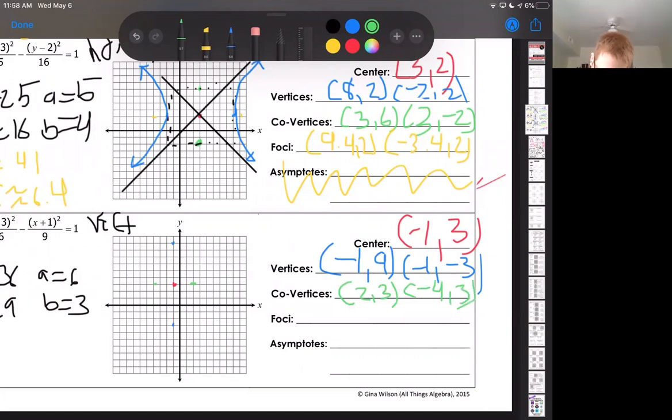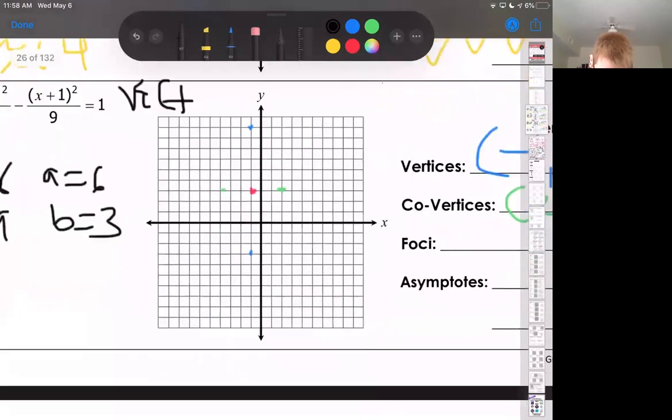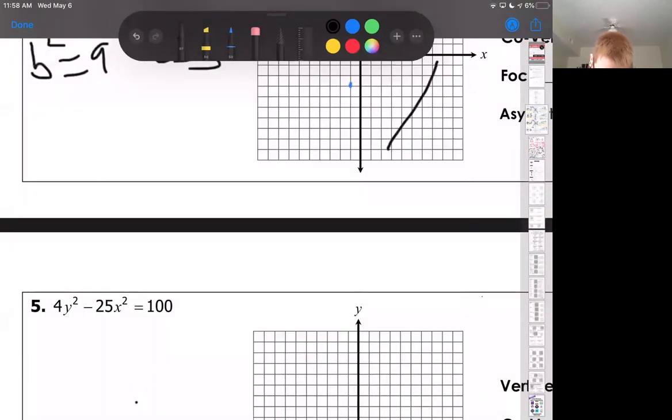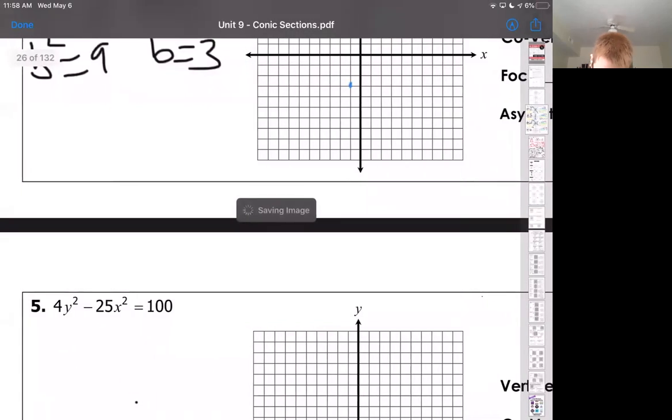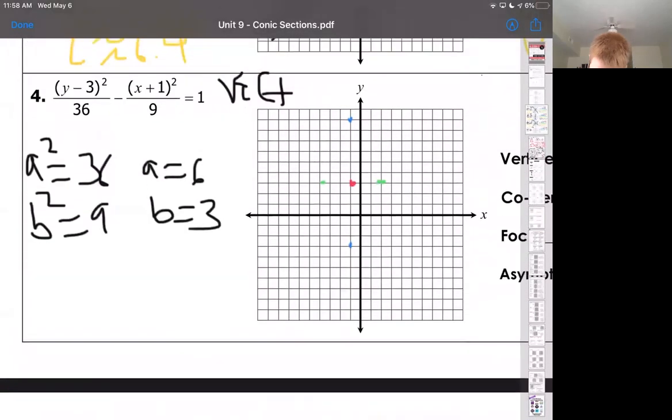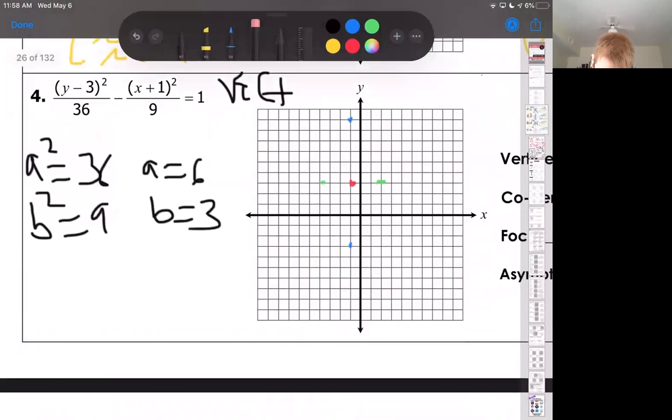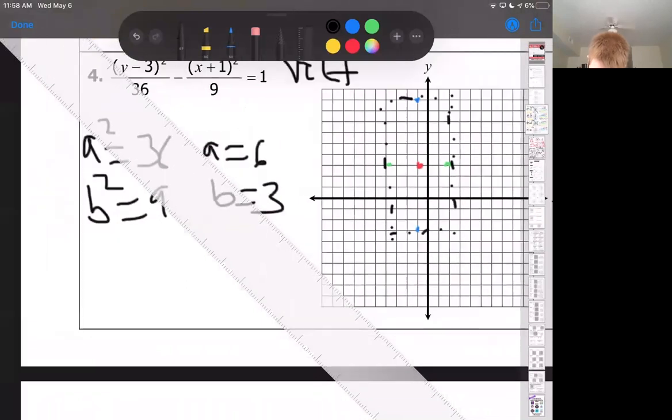So now we're ready to draw our rectangle around our vertices and co-vertices. I'll pull out my ruler.